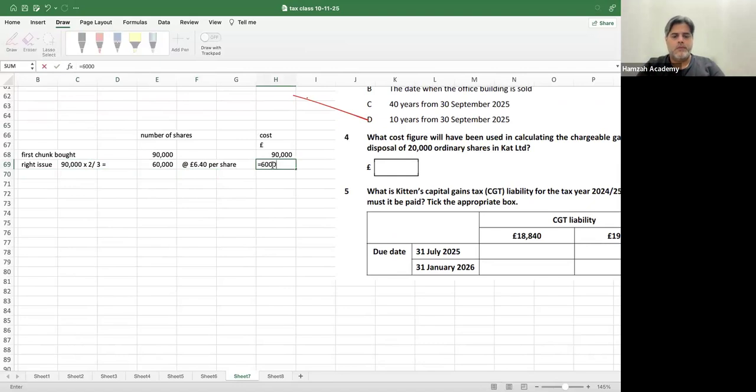So that's going to be 384,000. So you had 150,000 shares, which had a total cost of 474,000.